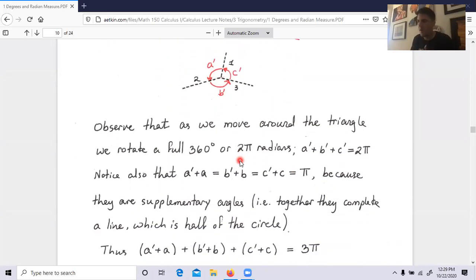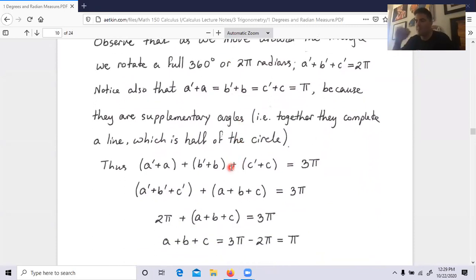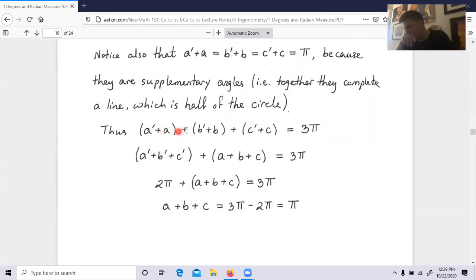And I know B prime plus B, A prime plus A, and so on. So here is what I can say, guys. If I add A prime plus A plus B prime plus B plus C prime plus C, what will I get? Each of them is pi, so I get 3 pi, right? But then I can separate and add all the primes together and all the non-primes.